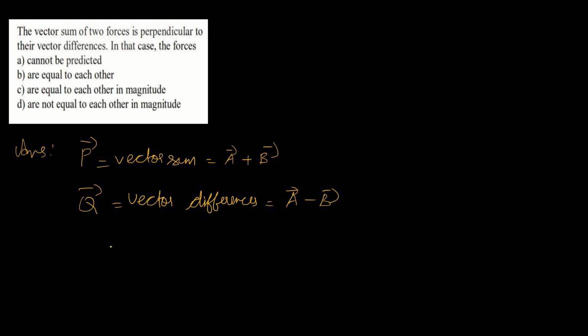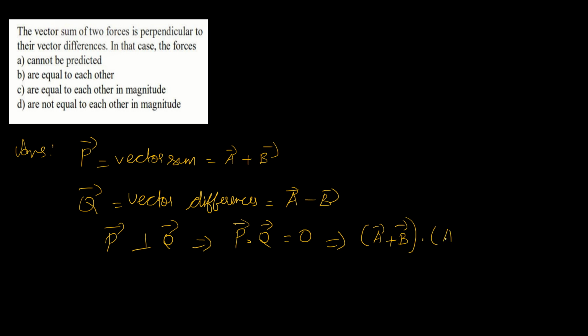Okay, here it is given in the question that vector P is perpendicular to vector Q, which means that the dot product of vector P and Q is equal to 0. That is (A plus B) into (A minus B) equal to 0. Okay, that is A square minus B square equal to 0.